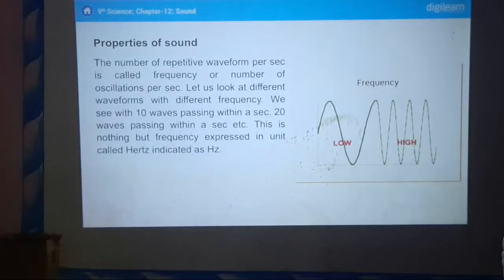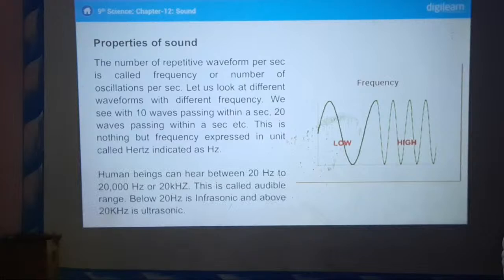The number of repetitive waveforms per second is called frequency, or number of oscillations per second. Let us look at different waveforms with different frequency. We see 10 waves passing within a second, 20 waves passing within a second, etc. This is nothing but frequency, expressed in a unit called hertz, indicated as Hz.